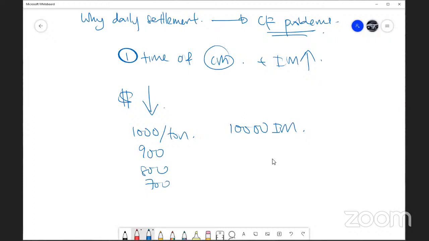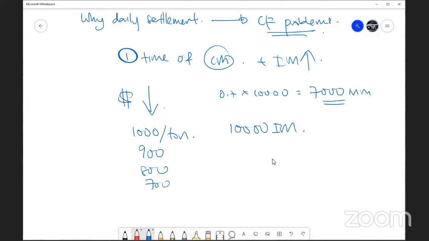100 per ton. Each contract size is 10, and you have 10 contracts. That's why you have the initial margin of 10,000. Let's say 0.7 of 10,000 means your maintenance margin is at 7,000. Anything below 7,000, you get a margin call.